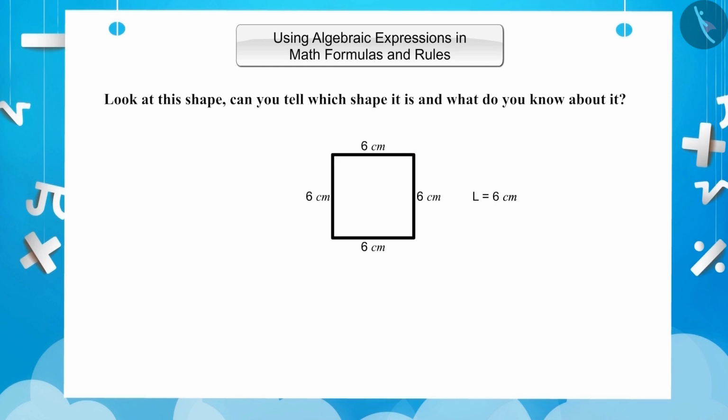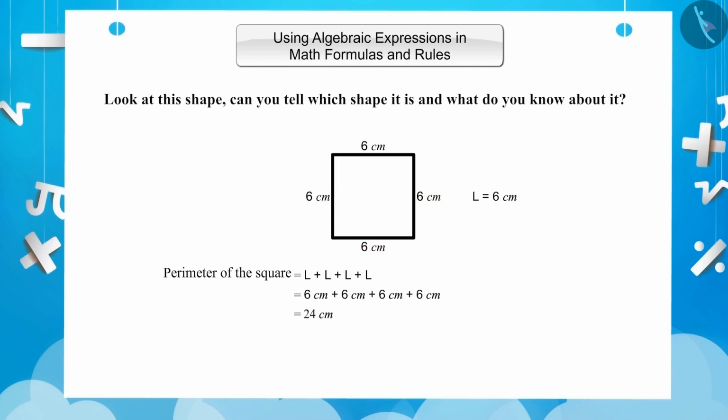Let's find it out together. The perimeter of a square is equal to the sum of the lengths of all its sides. So, we can say that the perimeter of this square will be L plus L plus L plus L, which is equal to 6 cm plus 6 cm plus 6 cm plus 6 cm, which is equal to 24 cm.